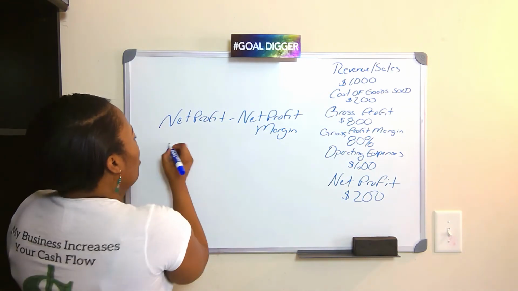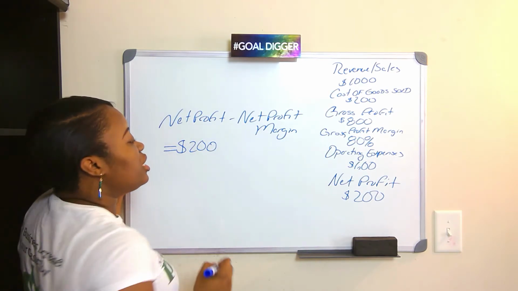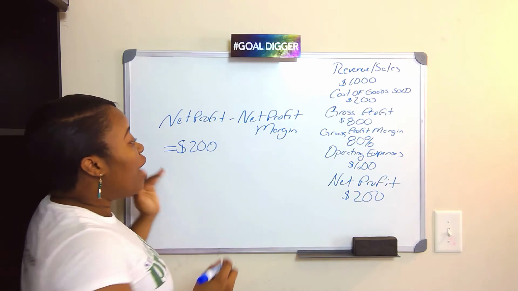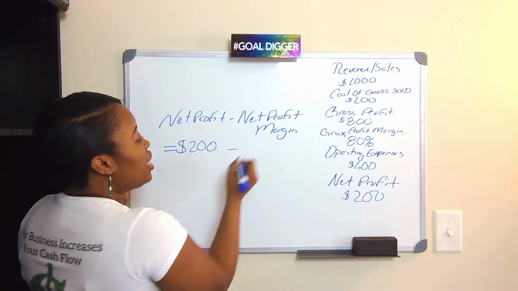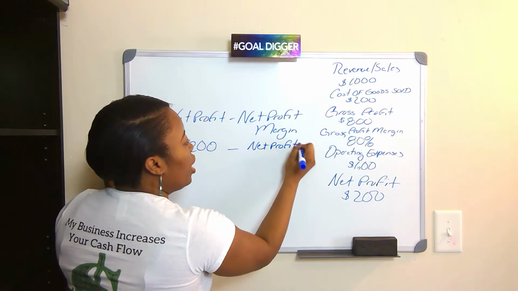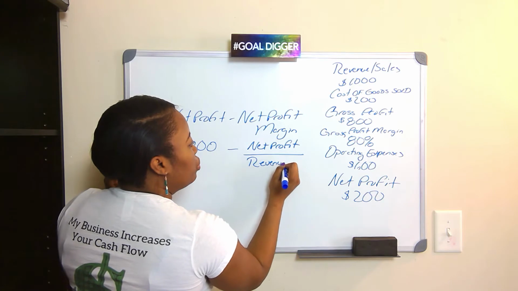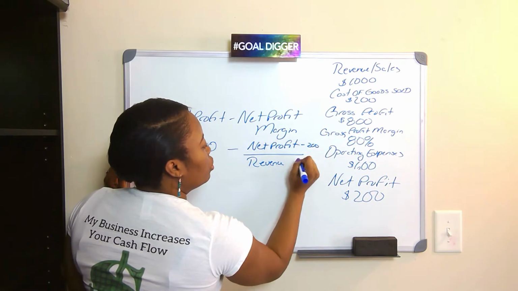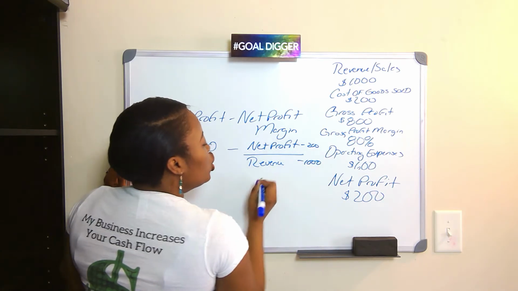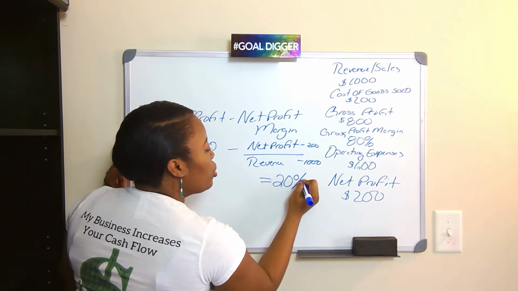Now we know that your net profit equaled $200 for this example. Your net profit margin is when you take your net profit and you divide it by your revenue. So your net profit margin is 20%.